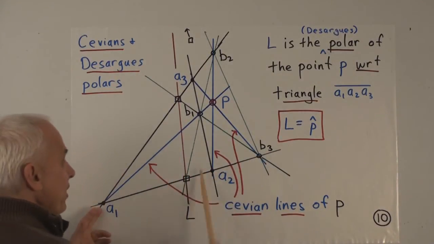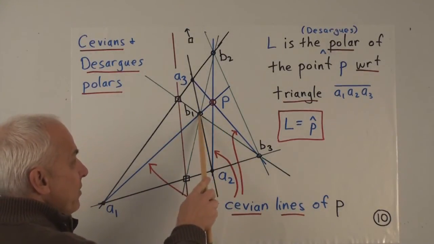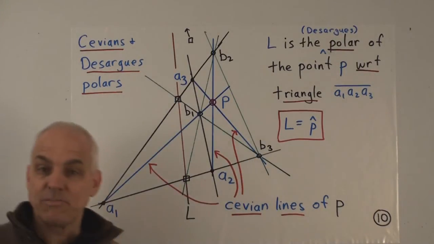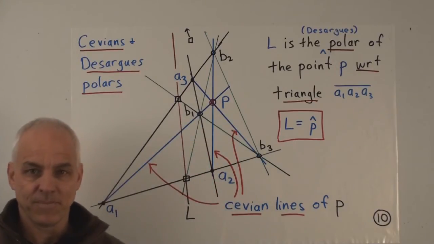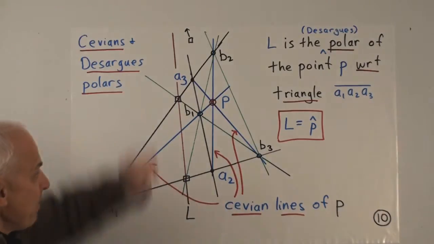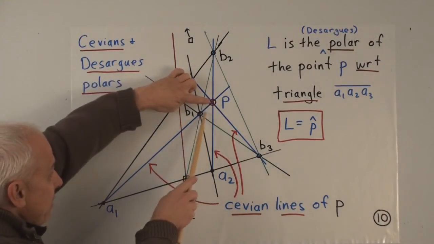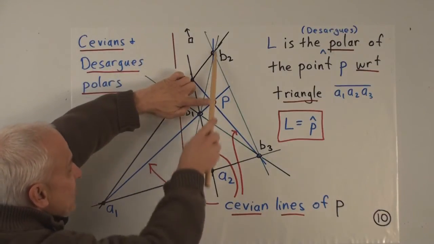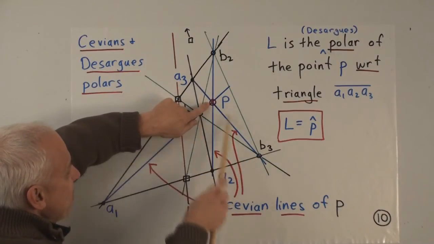So given the triangle A1, A2, A3, to any point P, we can draw these Cevians and we get this new triangle B1, B2, B3, which is perspective to the original triangle via the point P. This is exactly a situation where we can apply Desargues. Because if we're looking at the two triangles from P, then necessarily A1 and B1 line up, A2 and B2 line up, in other words they're on the same line, and A3 and B3 line up.